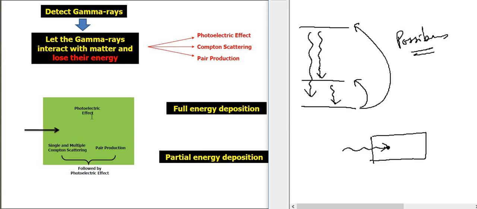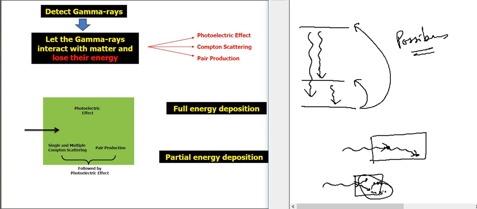And the second possibility is Compton scattering happens. Say for example over here, suppose Compton scattering happens, but after that there is a photoelectric effect. Or again, suppose pair production happens, then an electron and a positron are emitted, the electron is absorbed, then the positron after some time interacts with an electron and then 511 keV photons are emitted, but all of these are absorbed inside the detector.